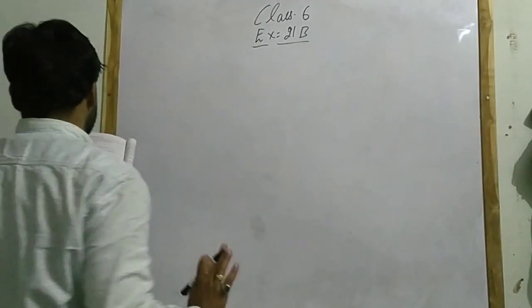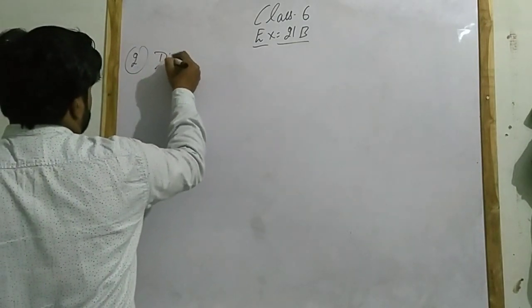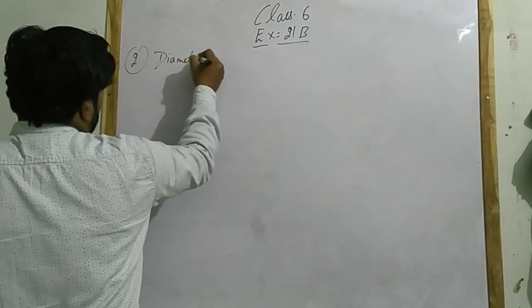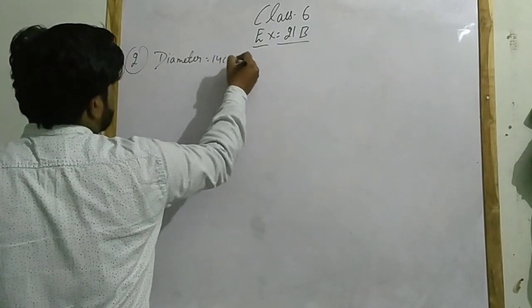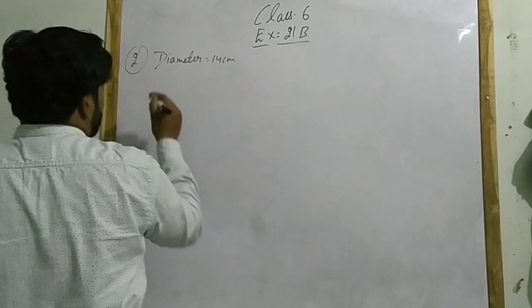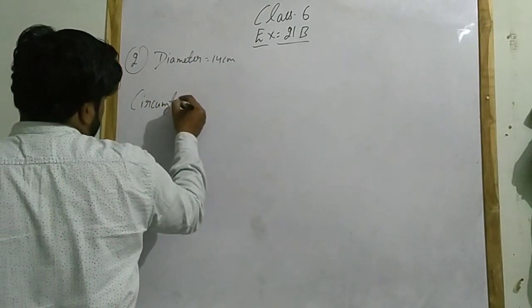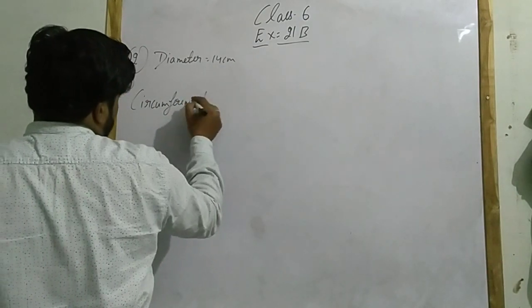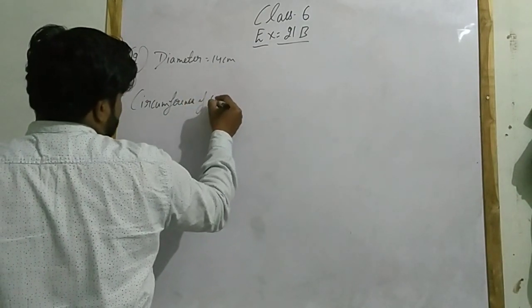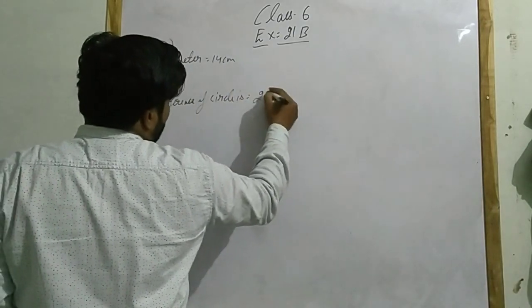Find the circumference of a circle whose diameter is 14 centimeter. According to the formula, circumference of a circle is 2 pi r.